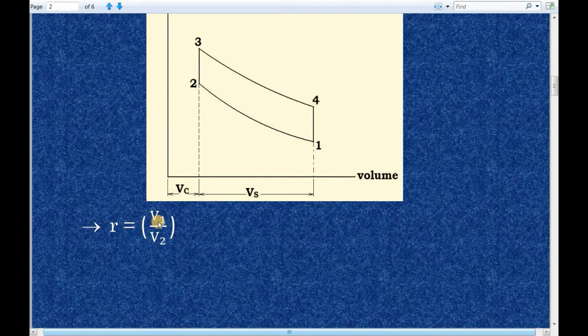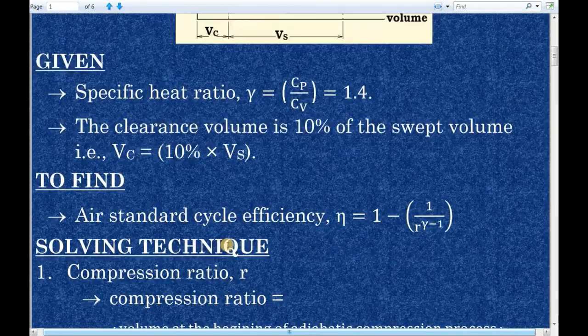So here I am going to represent V1 in terms of V2. For that, I am going to use the condition that clearance volume is 10% of swept volume.